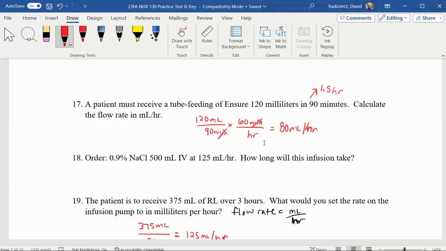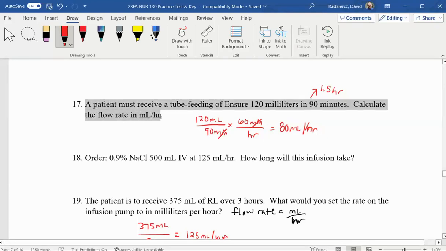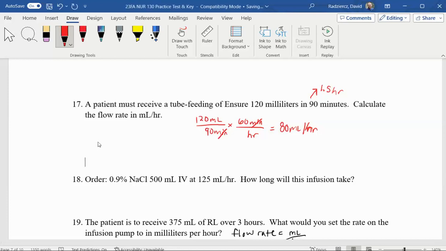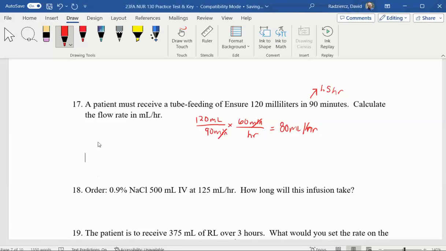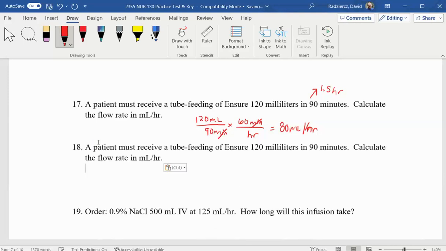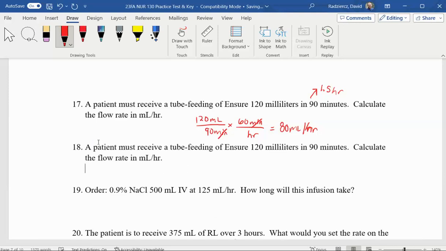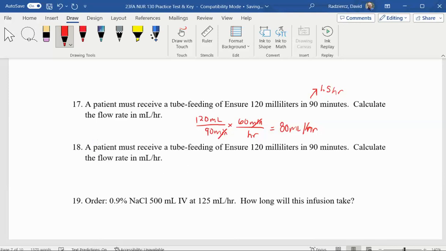All right. So let me give you another scenario that's very similar to this. I'm going to give you the same question, but we're going to change the numbers here.